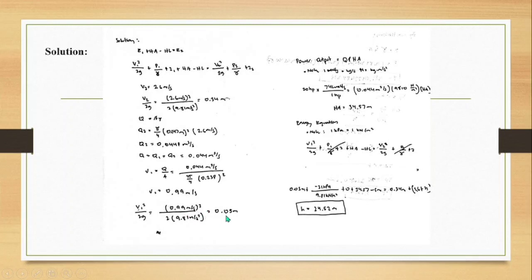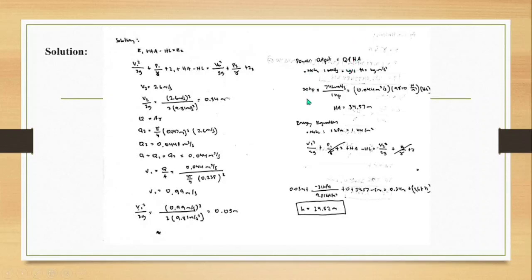So next is power output. Flow rate or discharge, the specific weight, and the area. Note that 1 watt equals 1 kilogram per second, which equals kilogram meter per second squared.